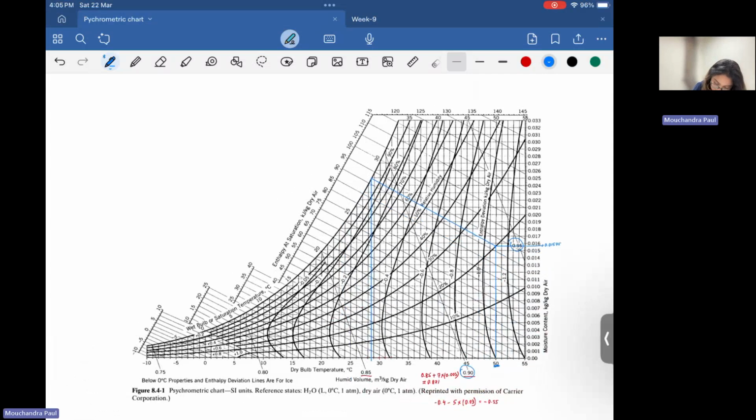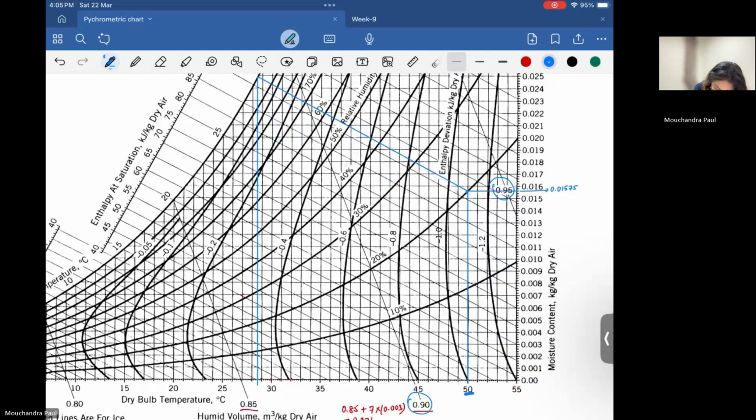Okay. So with respect to this curve, 0.90 is quite far, but let's see how many points are there.